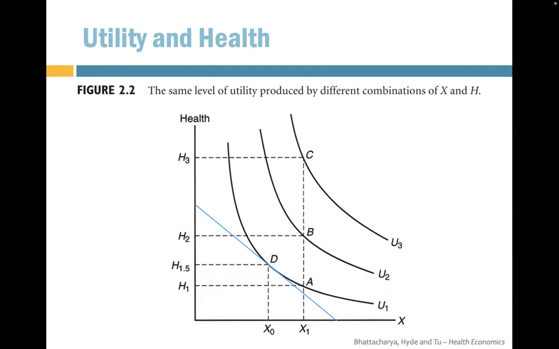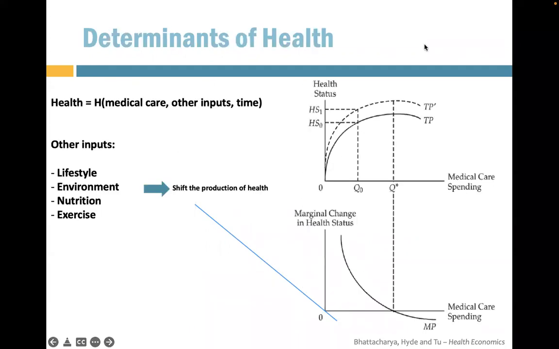And it's going to be affected by the following information. So health is going to come from medical care, other inputs, time. It's going to come from lifestyle, environment, nutrition, exercise. We think of all of these as our marginal cost for getting a certain level of health.